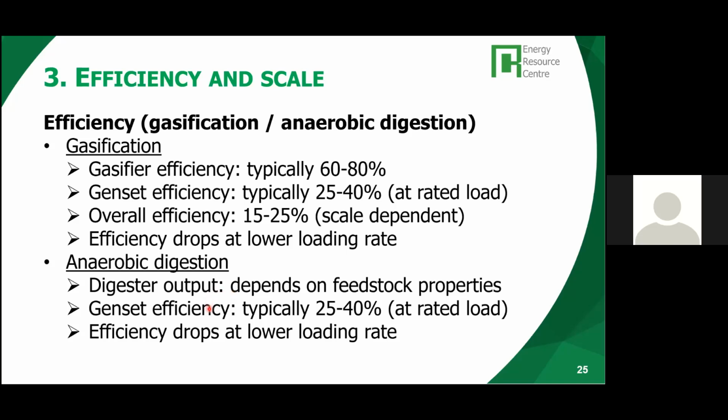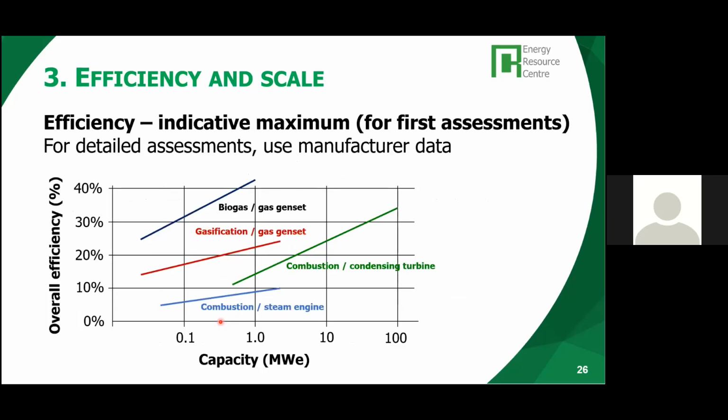So then you look at generator efficiency, and similar to gasification systems, you would end up somewhere between 25 and 40% maximum. And here also you'll be faced with efficiency drops at lower system loading rates.